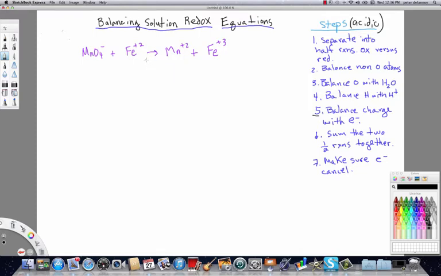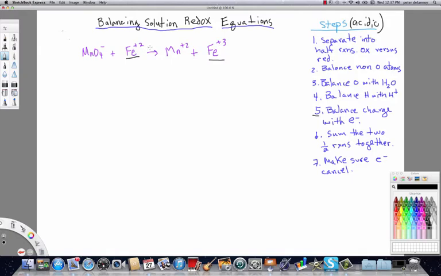All right, now, as a first step, what we want to do is separate these components into their oxidation and reduction half reactions. So what that means is we're going to separate this equation into the part that has to do with the reduction and the part that has to do with the oxidation. Now I think it's pretty easy to look at the iron here as the example, and you can see that it's going from +2 to +3.